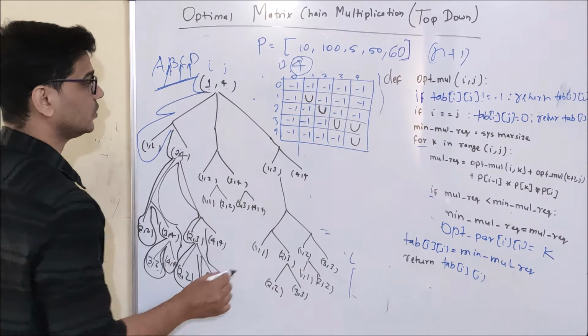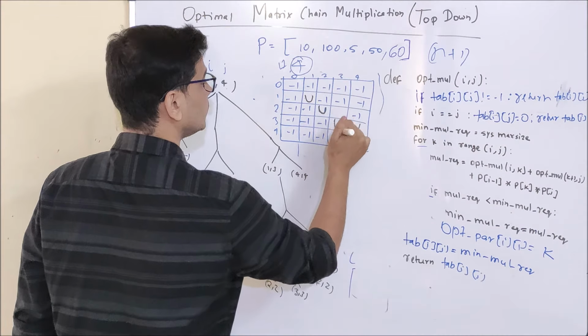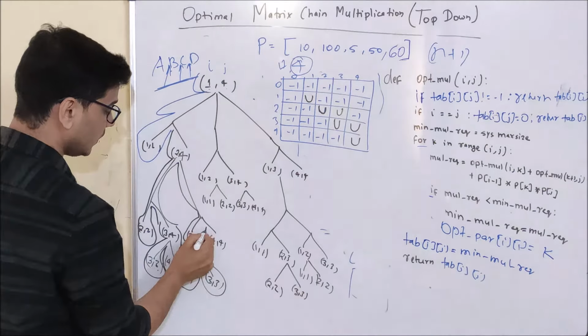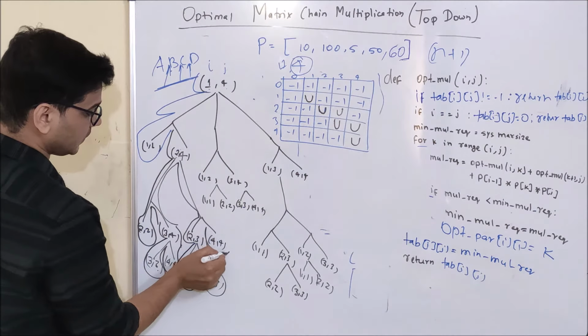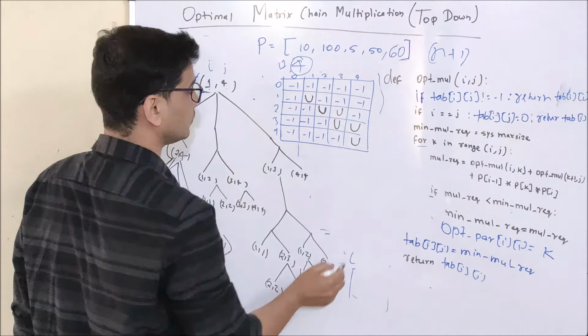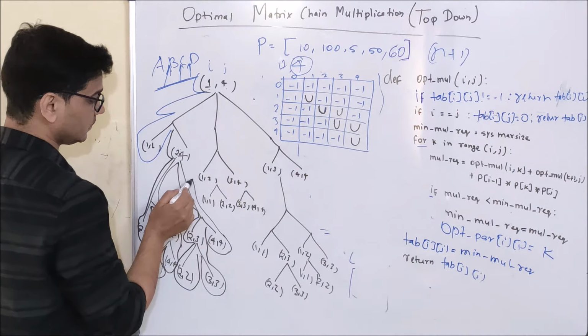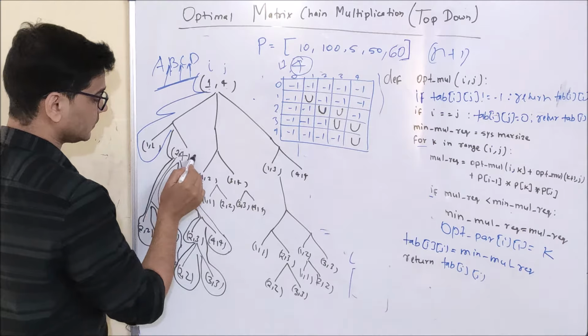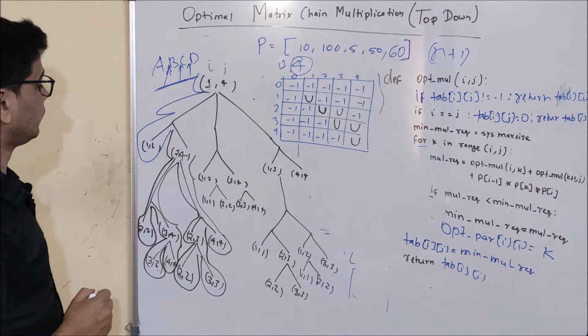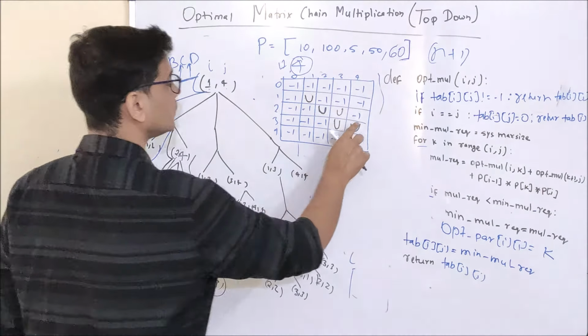Then 2 comma 3 will be calculated, and again 2 comma 4 will give a call to 4 comma 4.